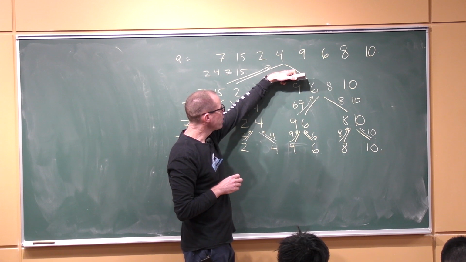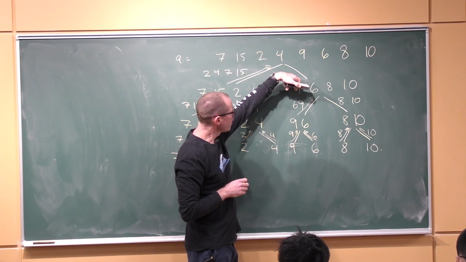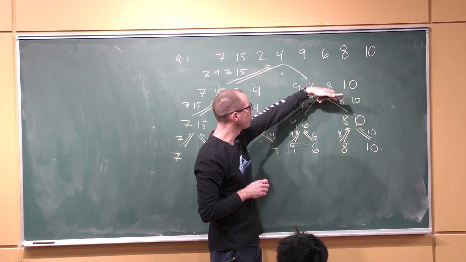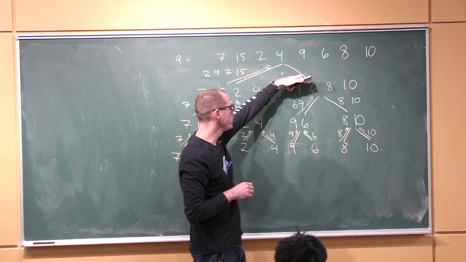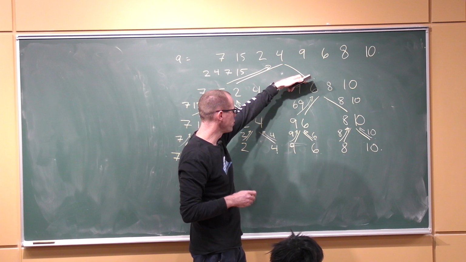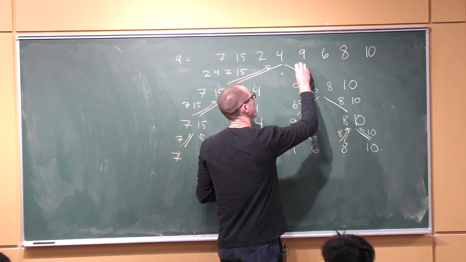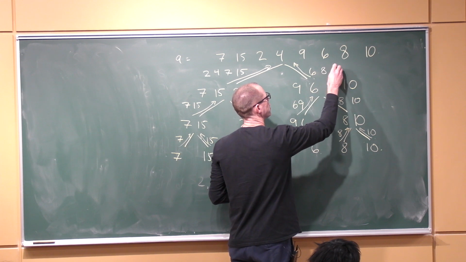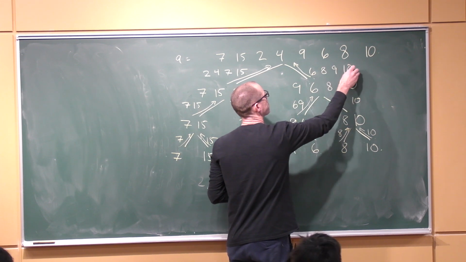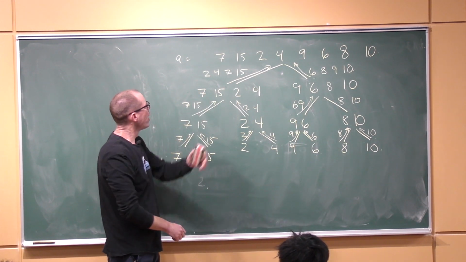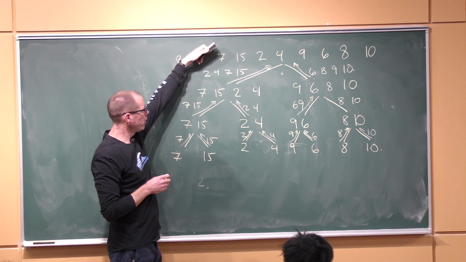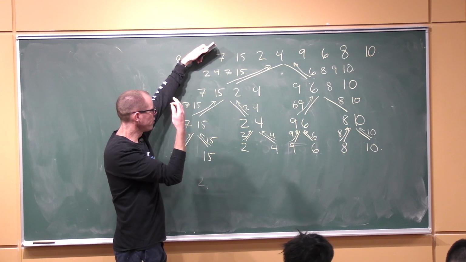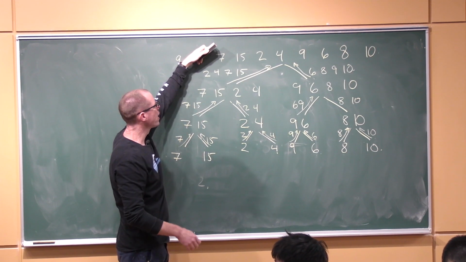Finally, we are back up here. This invocation has sorted the first half of its input, it's sorted the second half of its input. It calls merge to merge those two things, which, if merge is correct, will do 6, 8, 9, 10. And then finally, we're back up at the top, and we have sorted the first half, sorted the second half.